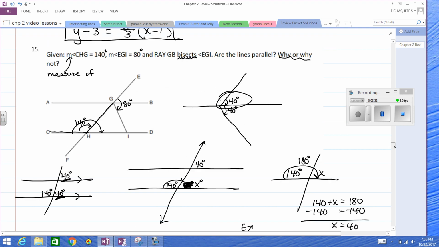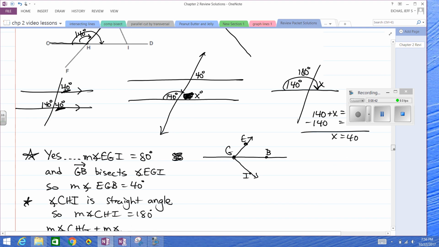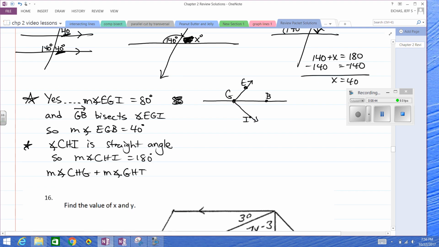Now, the measure of angle CHG plus the measure of angle GHI should be 180, right? Because those add up, that's a linear pair. Those together add to the straight angle, angle CHI.